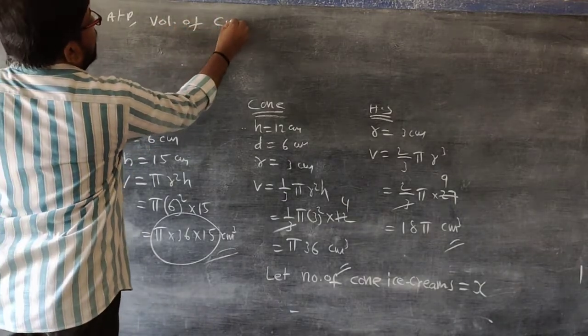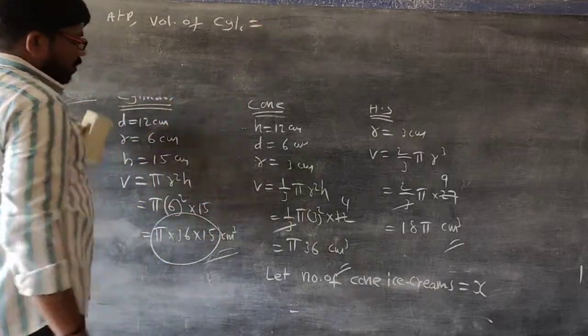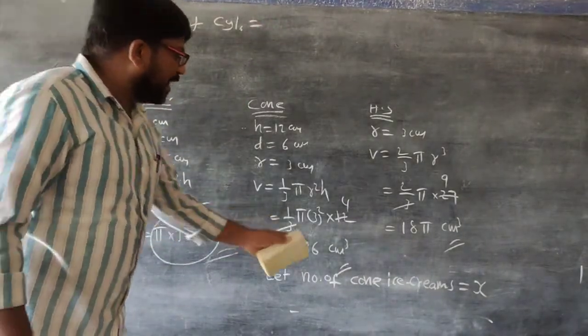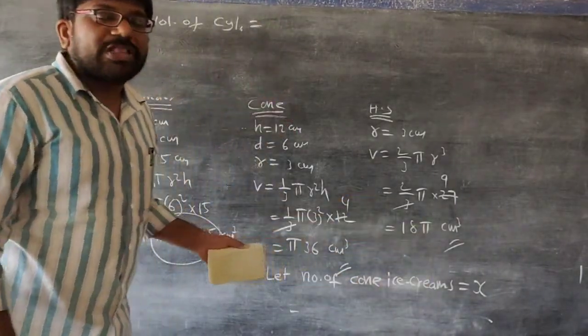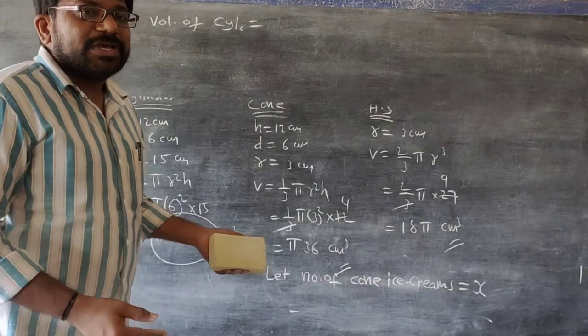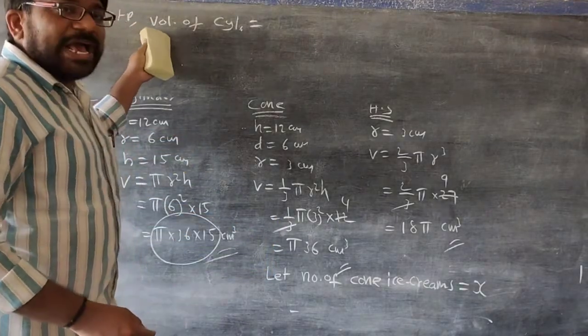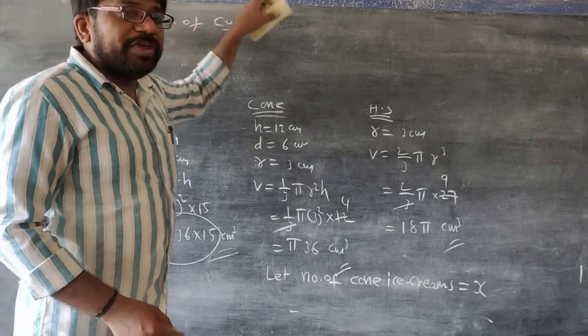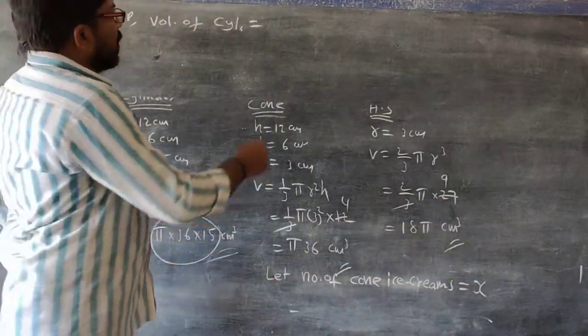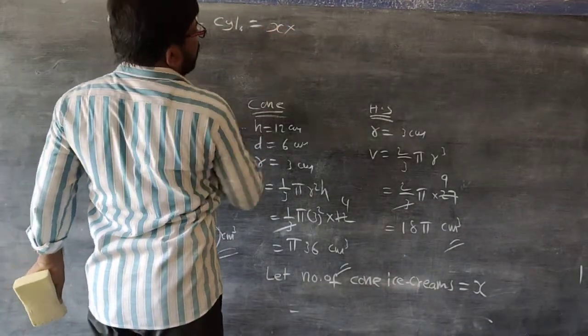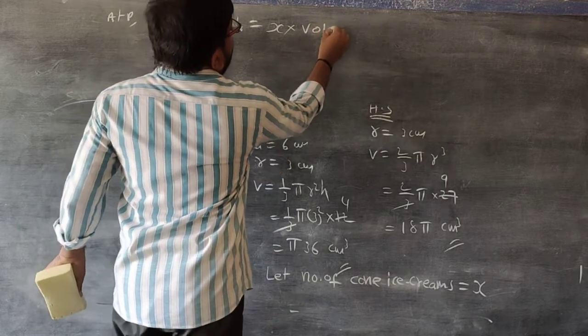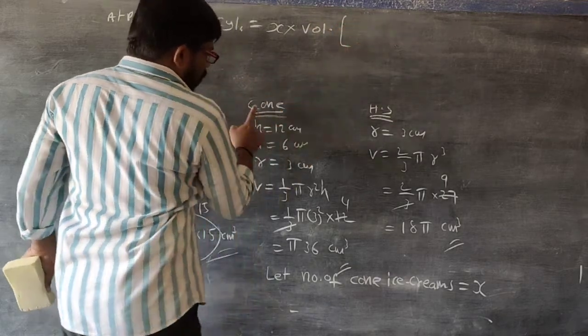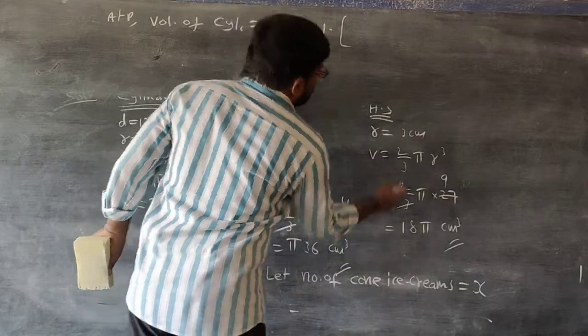Volume of the cylinder is equal to the volume of X cone ice creams. Total there are X cone ice creams. So this ice cream is filled into X cone ice creams. X into the volume of cone plus hemisphere.